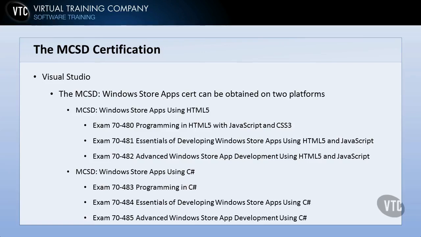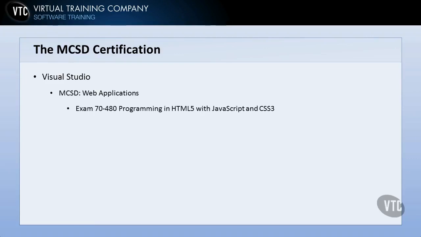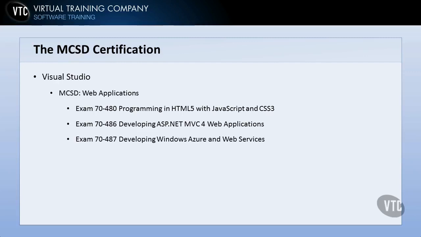Now, the third type is MCSD Web Applications, and this involves passing 70-480 again, Programming in HTML5 and JavaScript and CSS3, 70-486, Developing ASP.NET MVC for web applications, and then 487, Developing Windows Azure and Web Services.